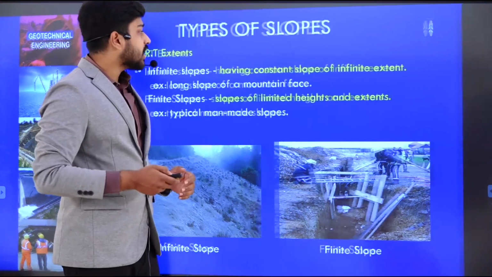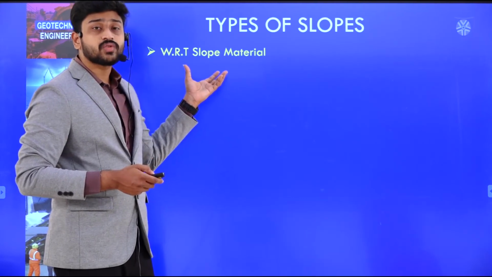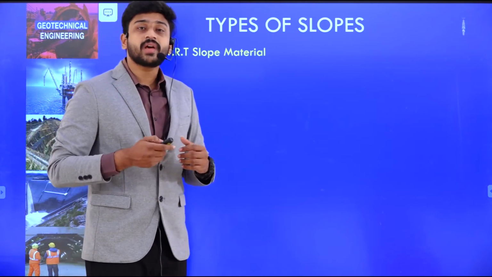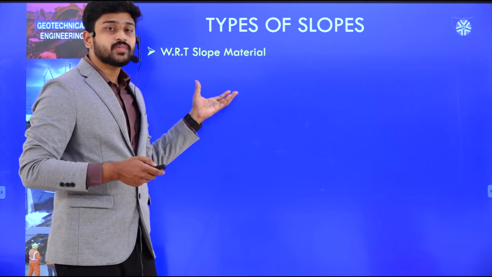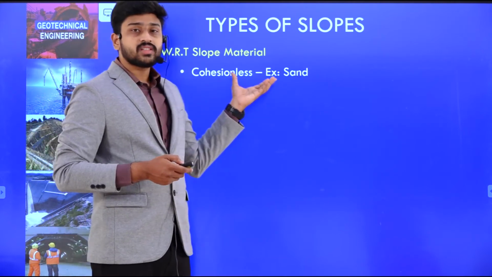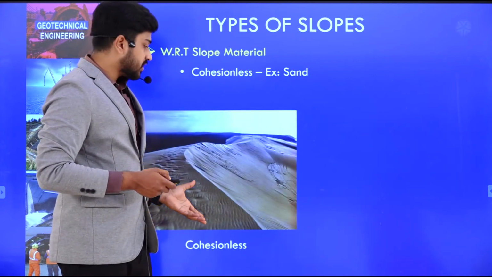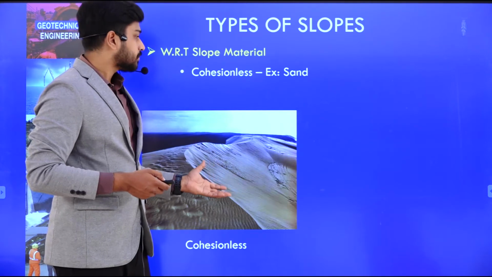Let us look at the other one, the classification with respect to slope material. In general, we know that soil may be either cohesionless or cohesive. In the same way, a slope may be cohesionless, for example sand, which you may observe in deserts.